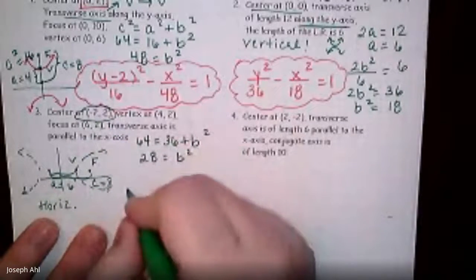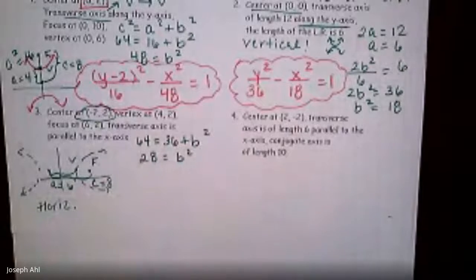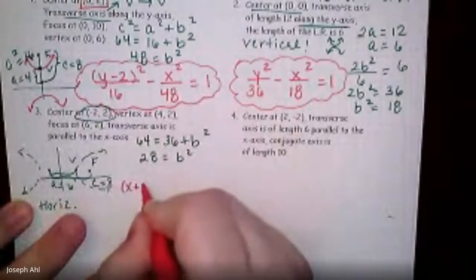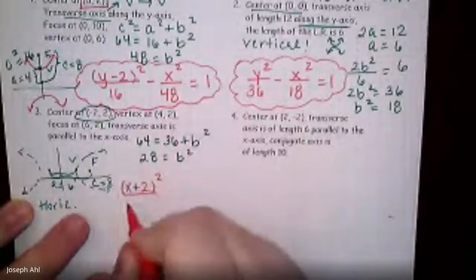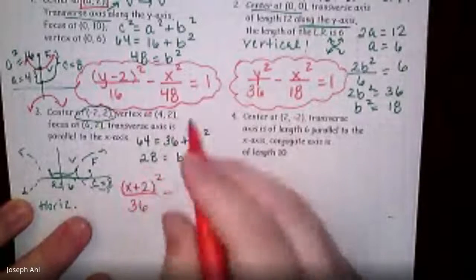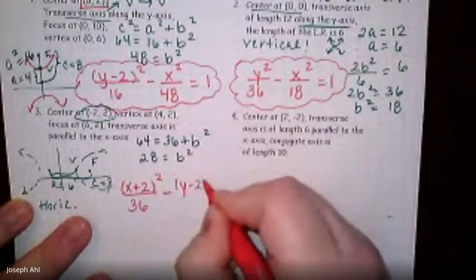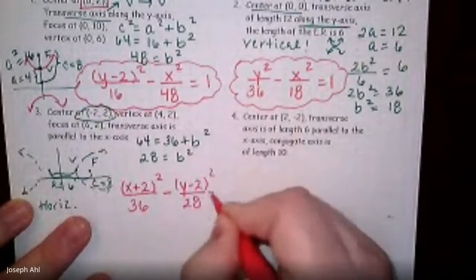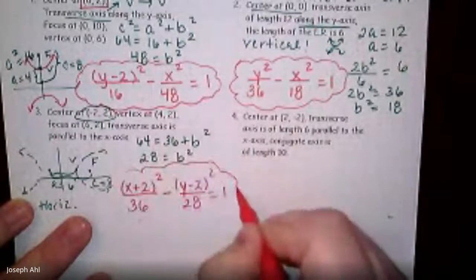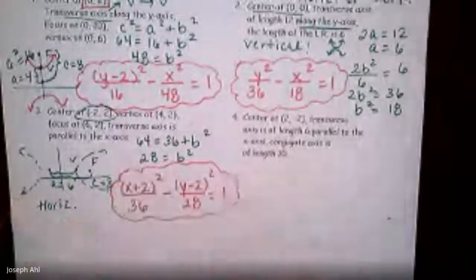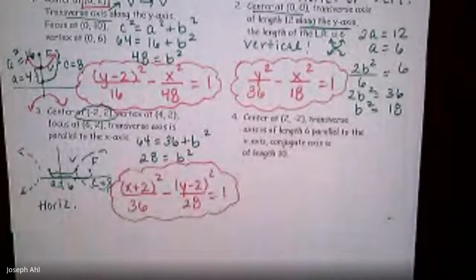So if it's horizontal, x comes first, so it's going to be x plus 2 squared over a squared, which is 36, minus y minus 2 squared over 28 is equal to 1.